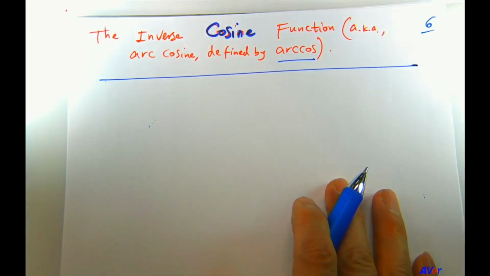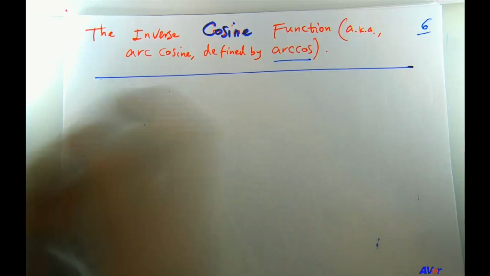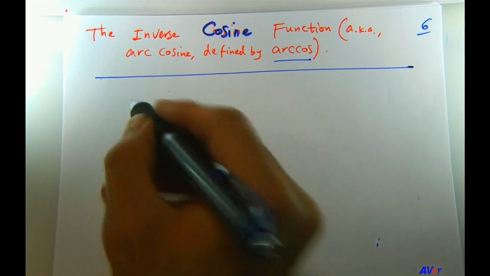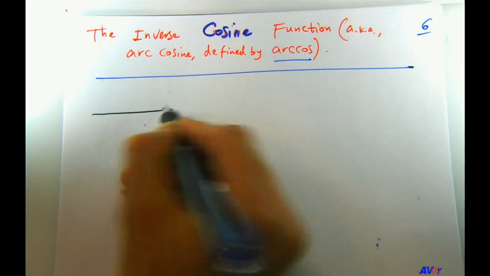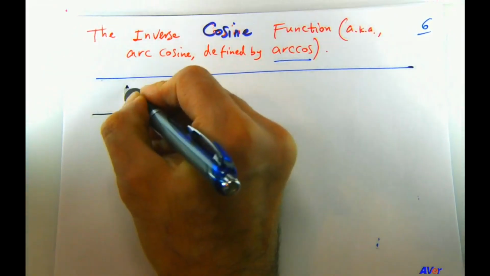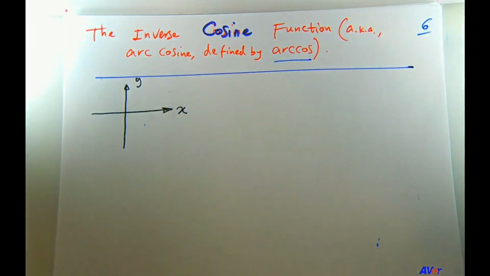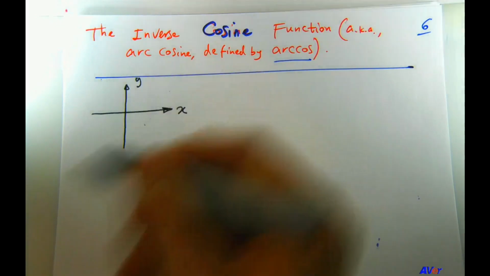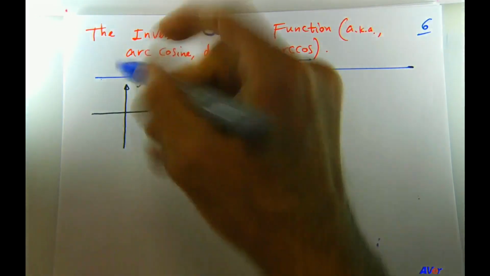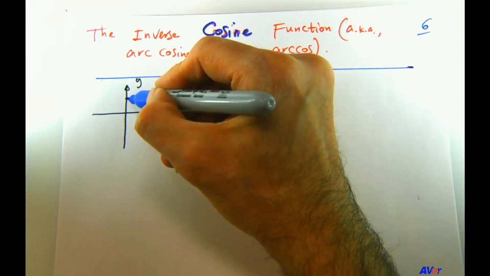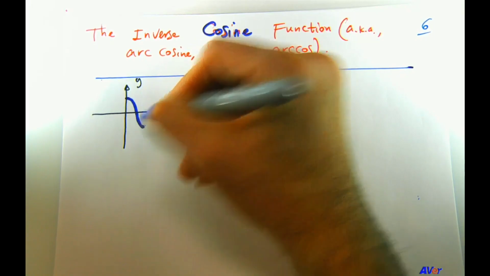Okay, so here, let's look back at the graph of this, where I have to pull that sheet. We decided to restrict the domain to this piece here, from here to here, like that.